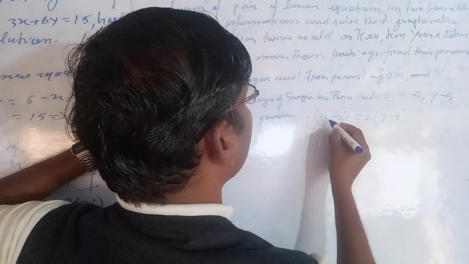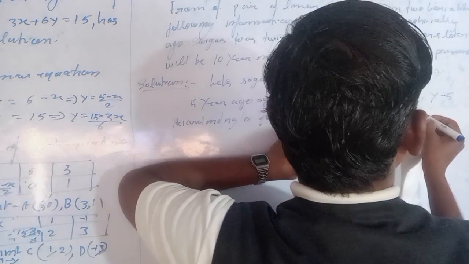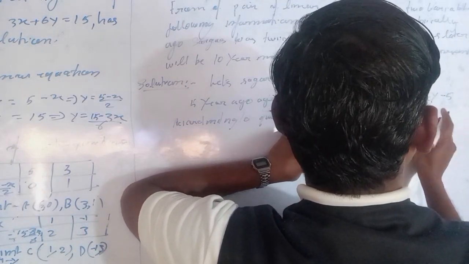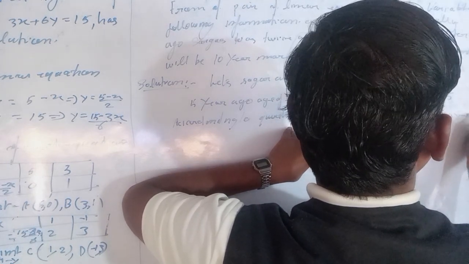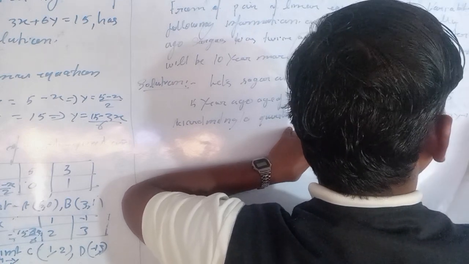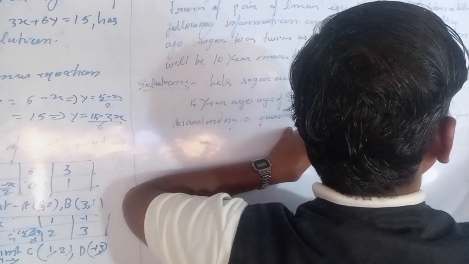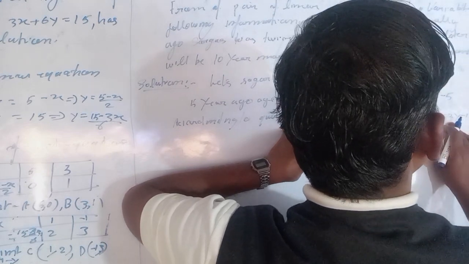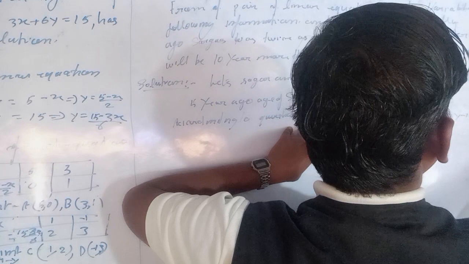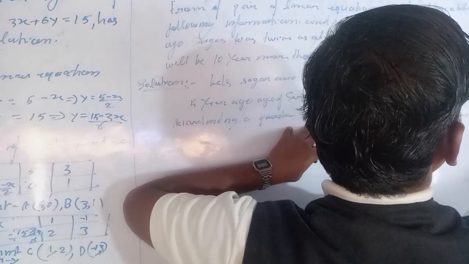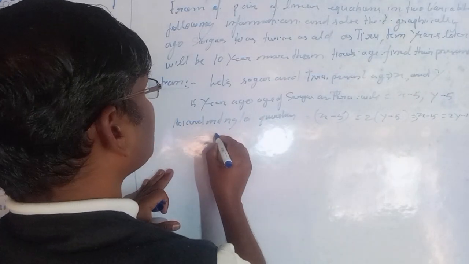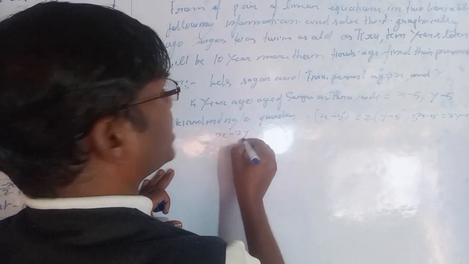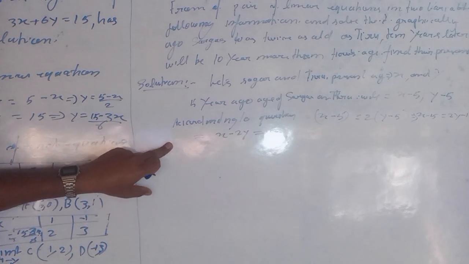So if we solve here, we will get x minus 5 is equal to 2y minus 10. Again solve this. X minus 2y is equal to minus 10 plus 5, which is equal to minus 5. So the first equation we have got here is x minus 2y is equal to minus 5.